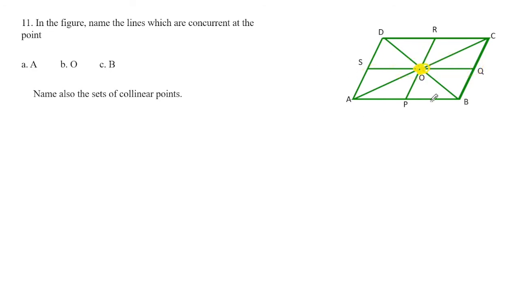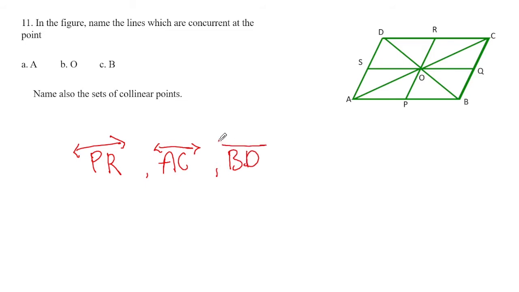So these are all concurrent at point O, right? So let's write them down. So we have line PR, then we have line AC, line BD, line SQ.